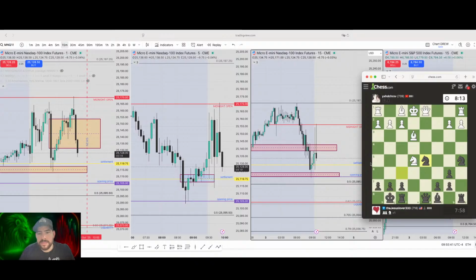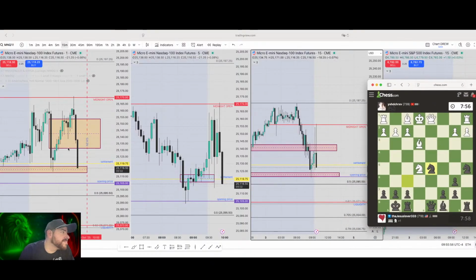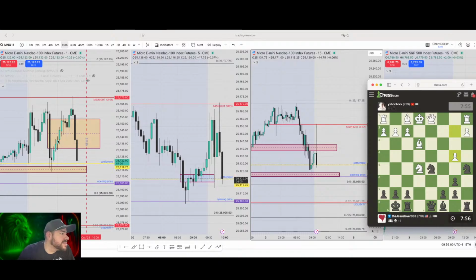Let's see the market. Oh, we took out that high on ES. Took out the high on ES. No inversions here. No retracement back into this.